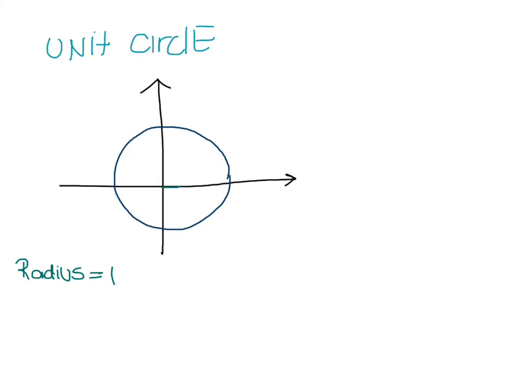Okay, so the method that I use uses the unit circle in order to memorize the exact values. Now, in terms of the unit circle, we will be getting into a lot more detail as the unit progresses. But for now, all I want you to keep in mind is that the unit circle has a radius of 1. Okay, and the unit circle helps us determine the exact values of angles ranging from 0 degrees all the way to 360 degrees.